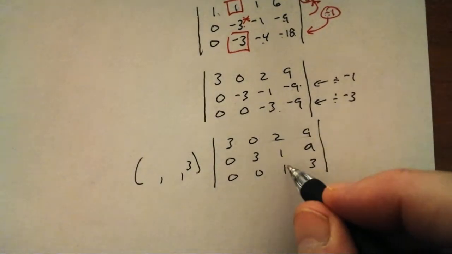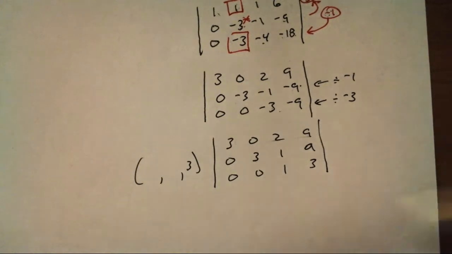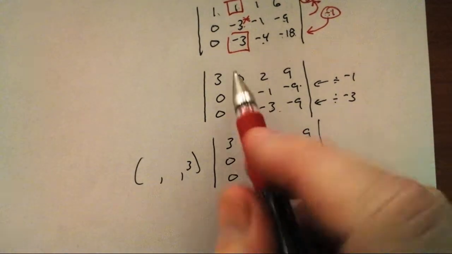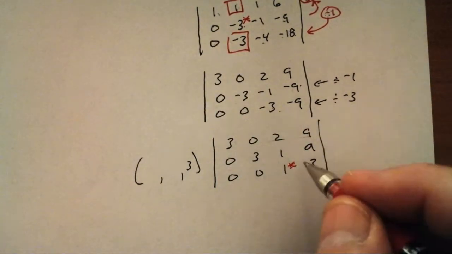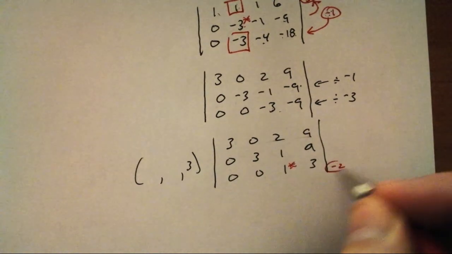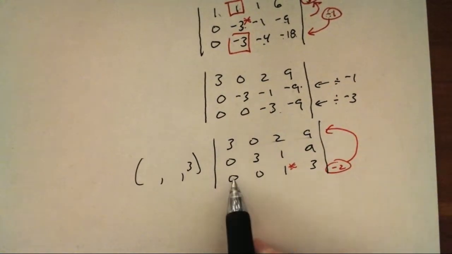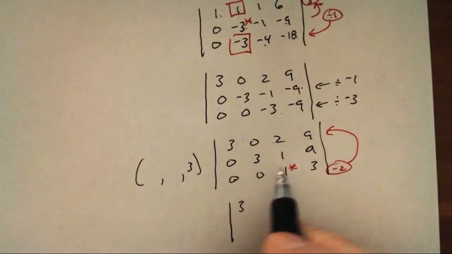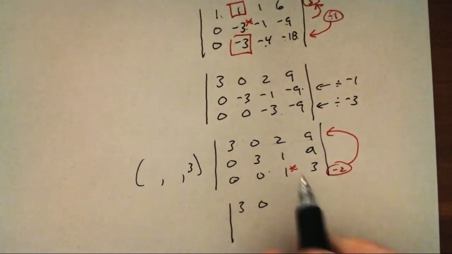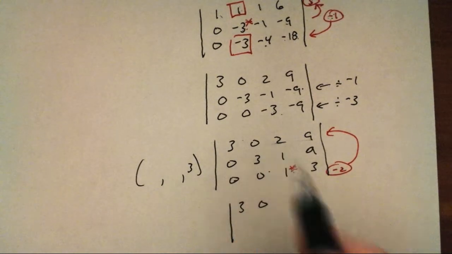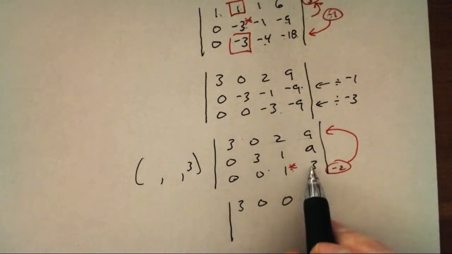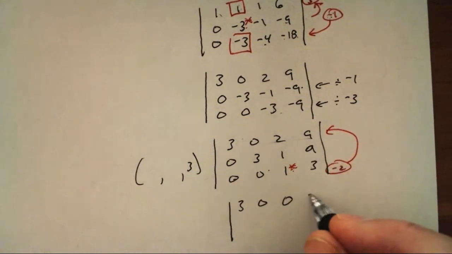Okay, now I'm going to use 1 right down the diagonal at this step to whack 2. So I'm going to multiply by negative 2 and send it up. And I get 0 and 3, 0 and 0, negative 2 and 2, negative 6 and 9.